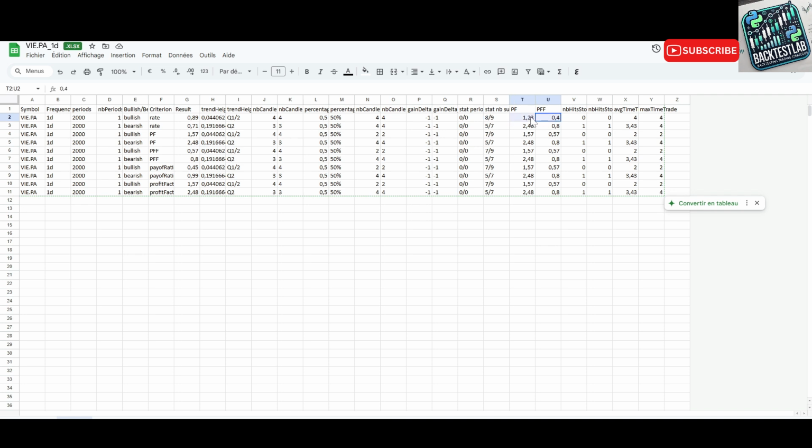And I measured also the profit factor and the pessimistic profit factor for these specific 9 trades, and these were the results. And I did the same thing for the bearish regarding the rates, and I got only 7 trades, and 5 of them actually were positive. So that means when you are using, for example, these specific parameters here, you are not going to get only 7 trades.